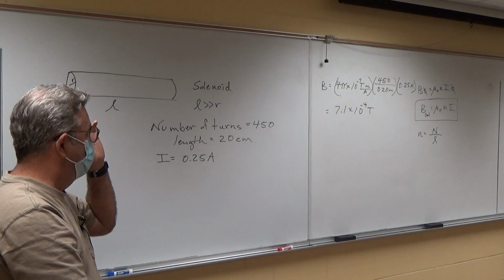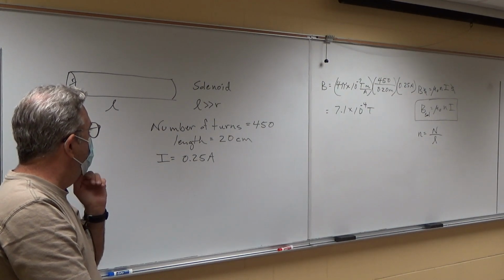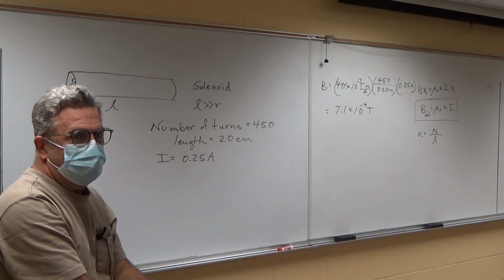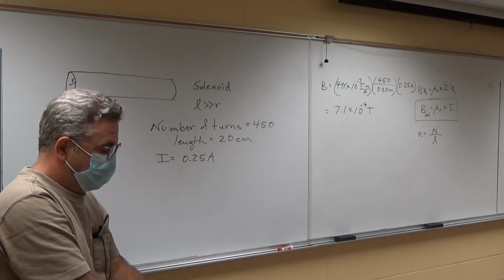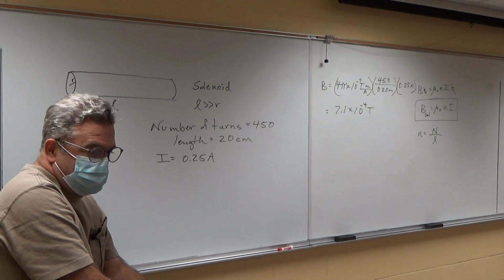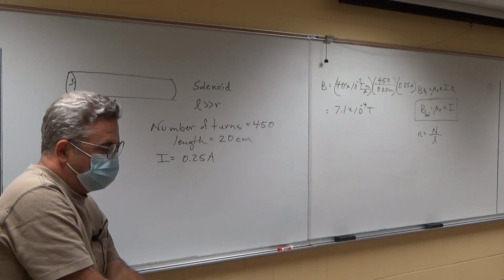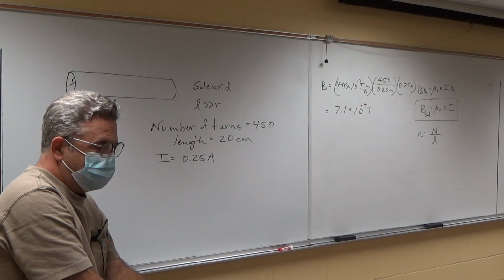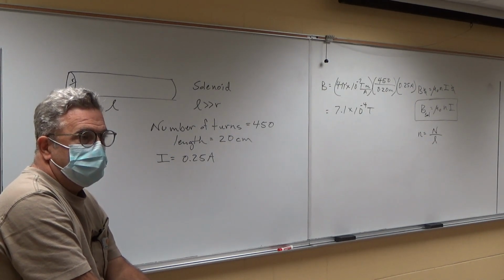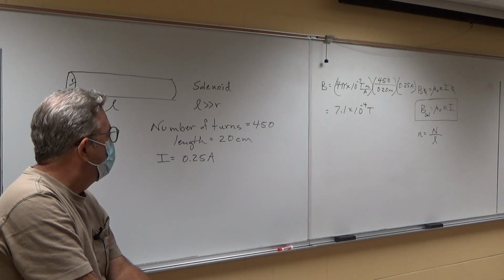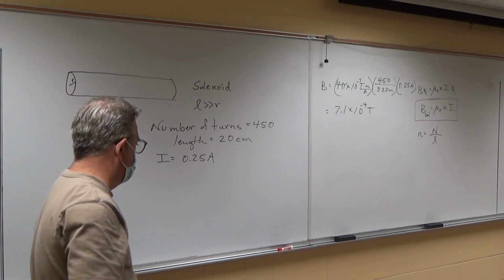Any questions on this? Okay, that's it for all the stuff we're going to do in these 2 chapters. So I've got to put some homework together for this. Then we're going to start talking about induction.